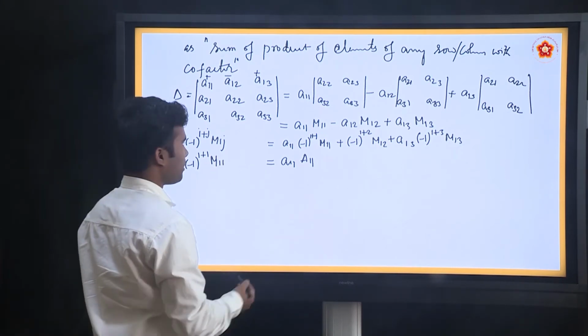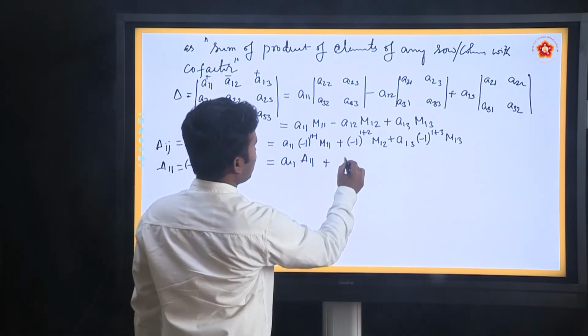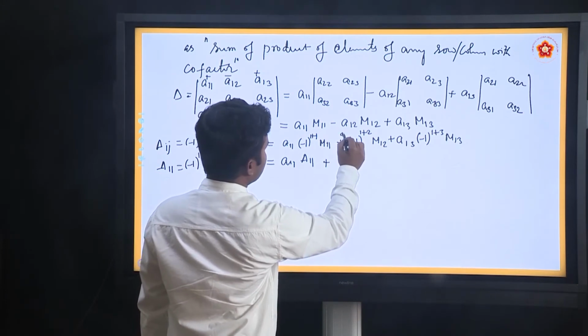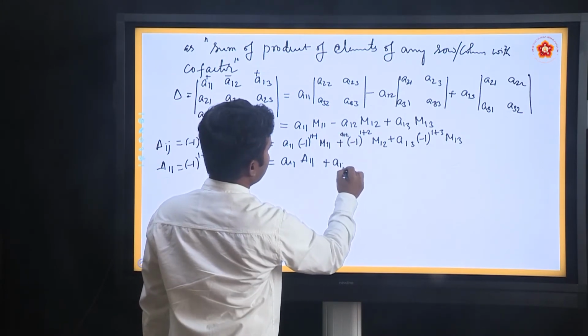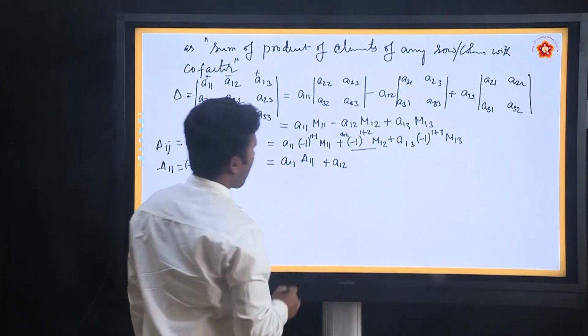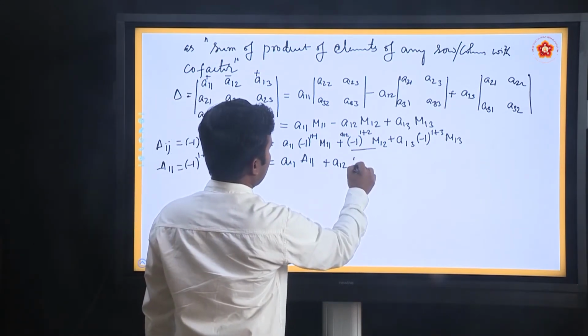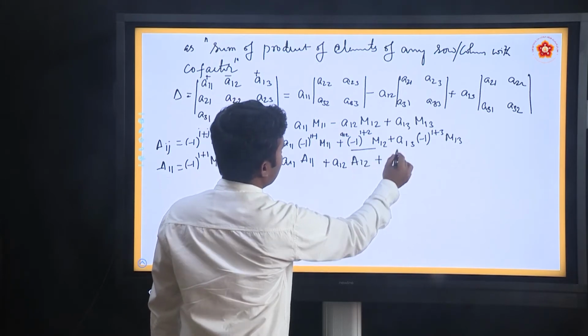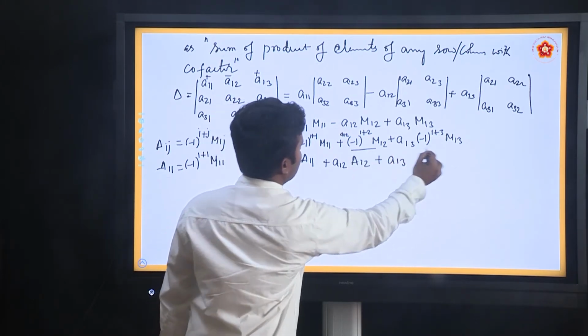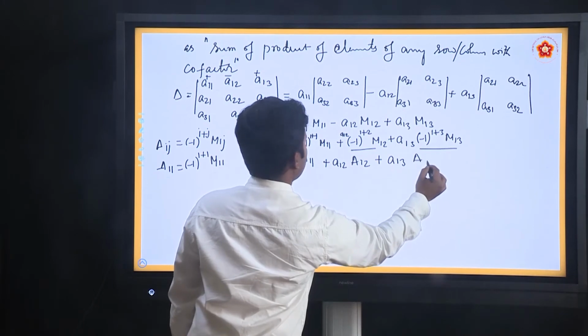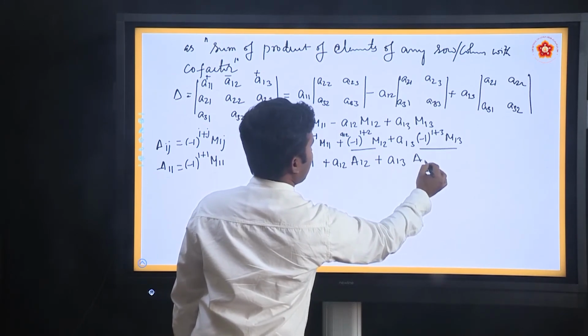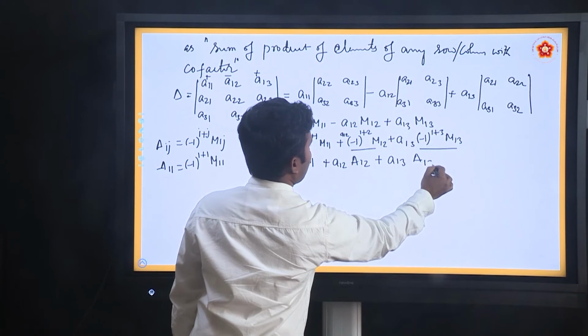Okay, same thing we can replace. Similarly, you can replace this one, minus 1 to the power 1 plus 2 into M12, can be written as C12, okay, and this as C13.